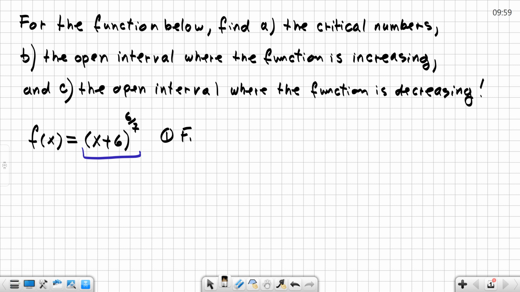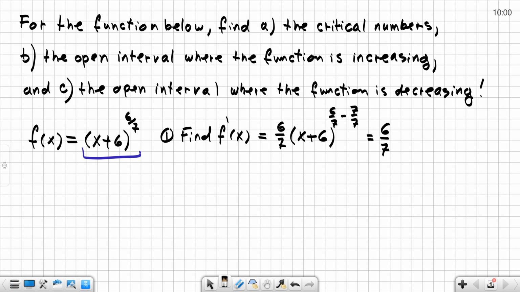First, find the derivative of f. In order to find the derivative of f of x, we're going to have to use the chain rule, which states that we have to use the derivative of the outside multiplied by the derivative of the inside. For the outside derivative we use the power rule: 6/7 times (x + 6) raised to the 6/7 minus 1, or in other words, minus 7/7.